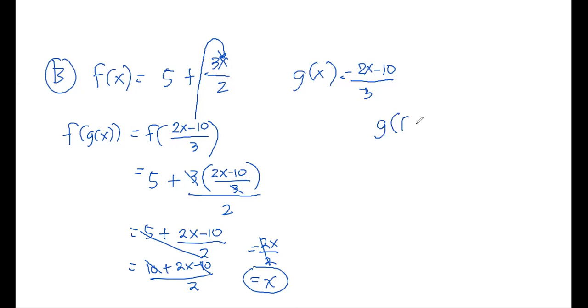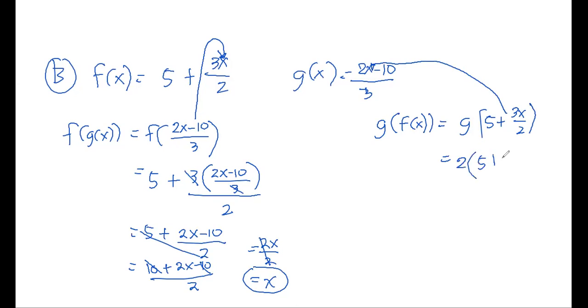For g composition of f of x, we'll be having g of (5 plus 3x) over 2. We substitute this to the value of x in g of x. So we have 2 quantity (5 plus 3x) over 2 minus 10, all over 3. Let's now simplify it.